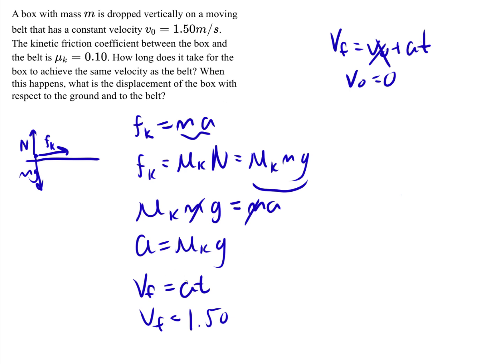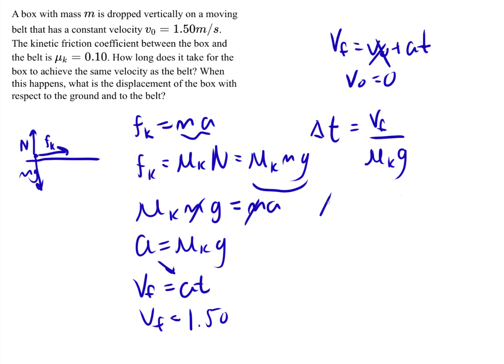Now we know what our acceleration is, and we can plug it in. So the time it takes for the box to stop is equal to the final velocity of the box and belt, which is basically the velocity of the belt, divided by the acceleration, which is the coefficient of kinetic friction times the acceleration due to gravity.